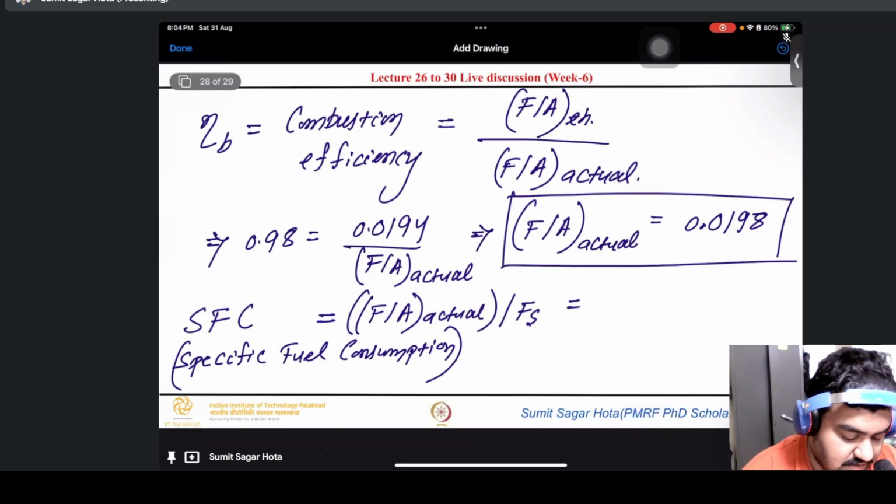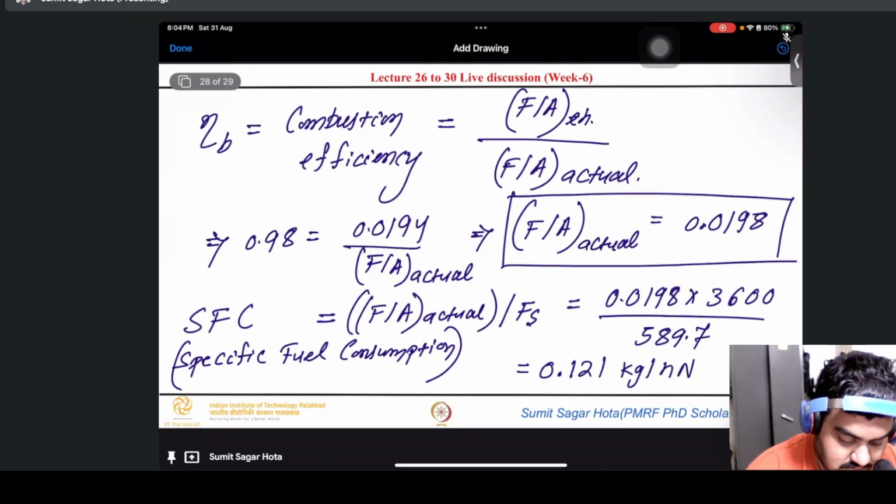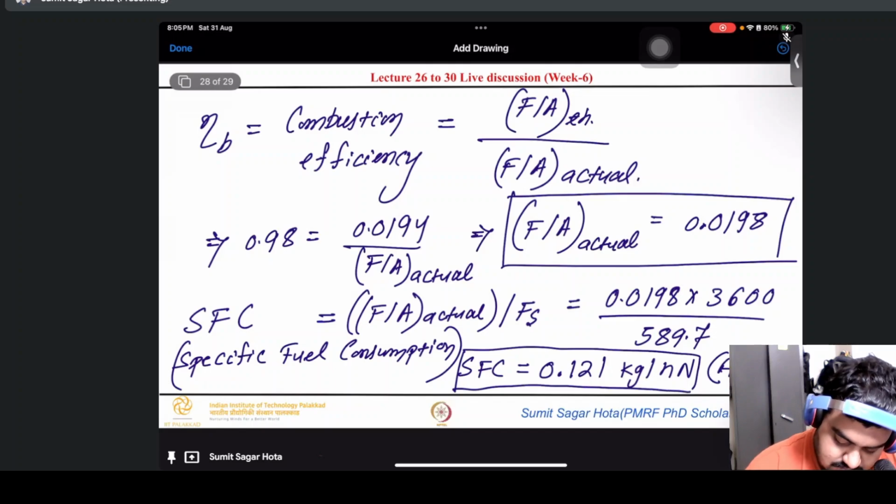That is the required unit from the question. So 0.0198 into 3600 divided by 589.7, and the value will be 0.121 kg per hour into Newton. So this is the actual answer of the question.